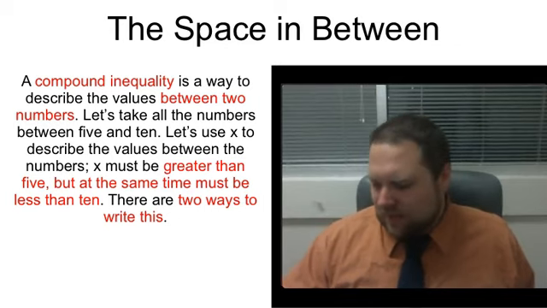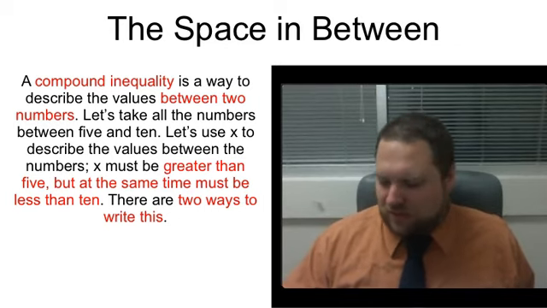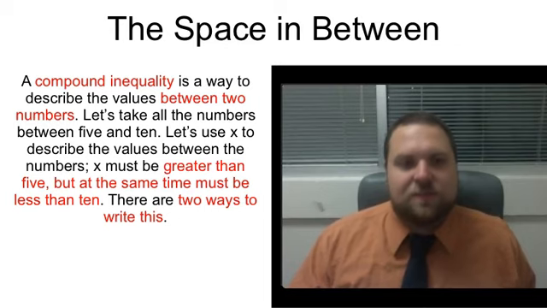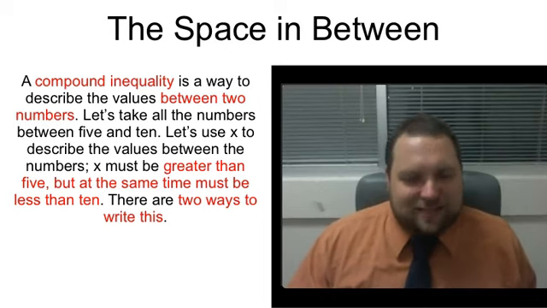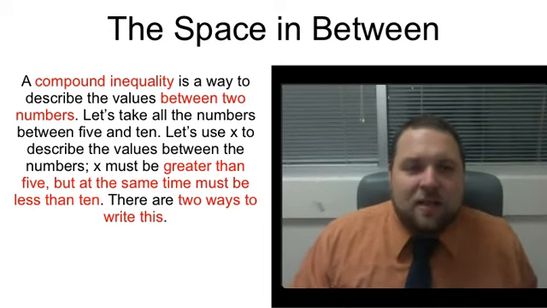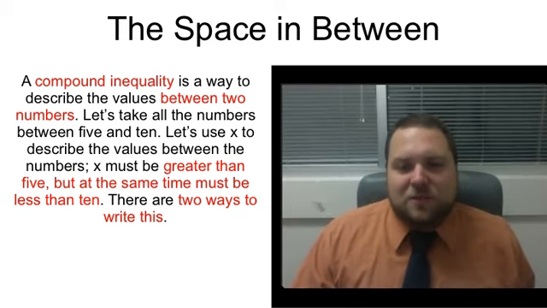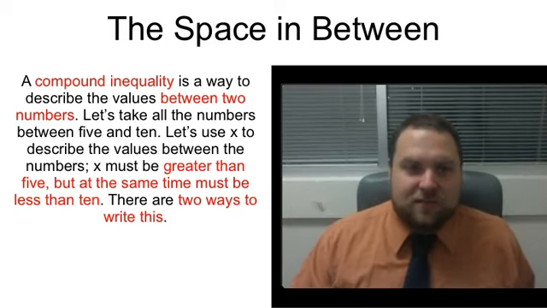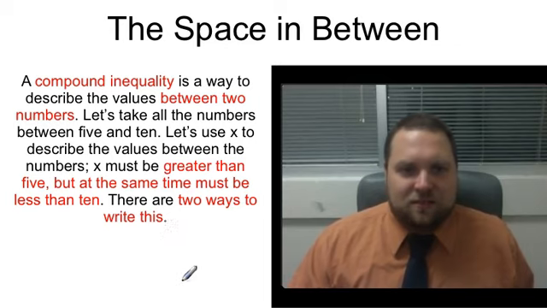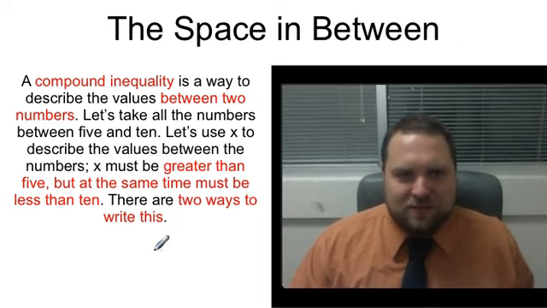A compound inequality is what we use when we want to describe a range between two numbers. As an example, let's say we want to talk about all the numbers between 5 and 10. We're going to use x to describe those values.